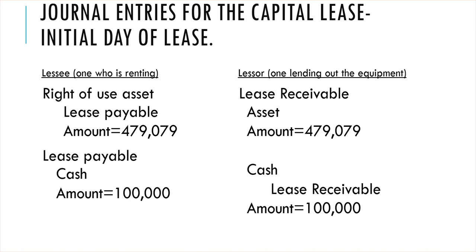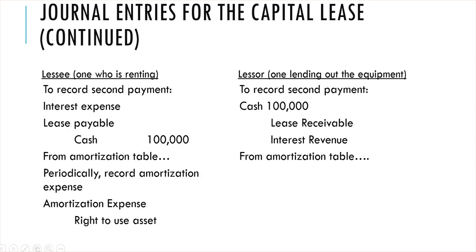The other is the standing of the owner, the lessor. And I guess you can see now why I was driving home the need for you to really understand what lessee means and lessor means, because if we ask you journal entries, these are clearly different depending on whether you're looking at the lessee or the lessor. You've got to keep it straight.